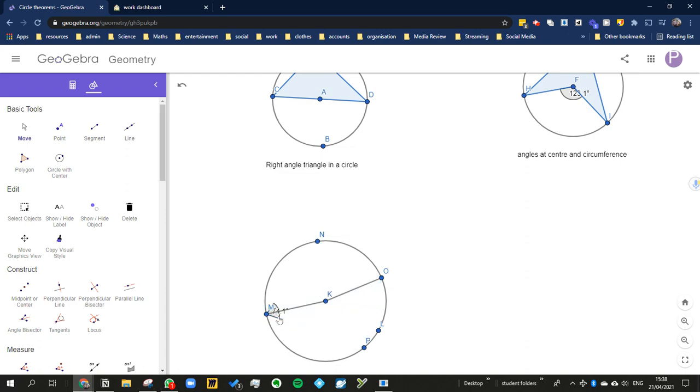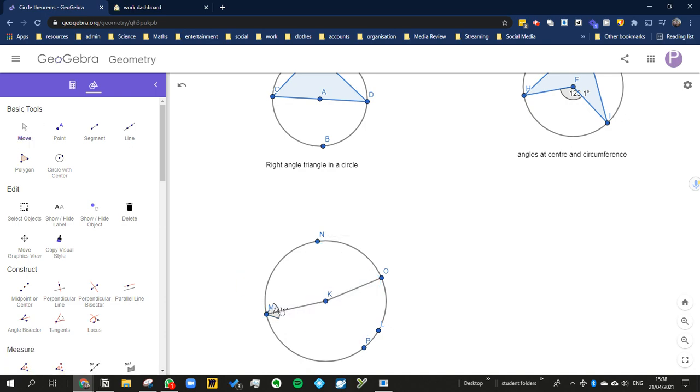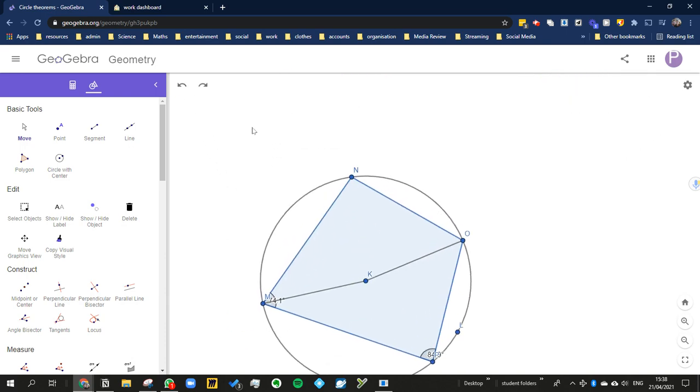Oops, let's do that. Can I undo? Oh, now I've undone two of them. Okay, so just the angle. Hopefully that's just the angle. Oh, for God's sake. That's undone two again. It's quite fiddly. No, that's it. You can see what you've highlighted, you can see how it changes colour.